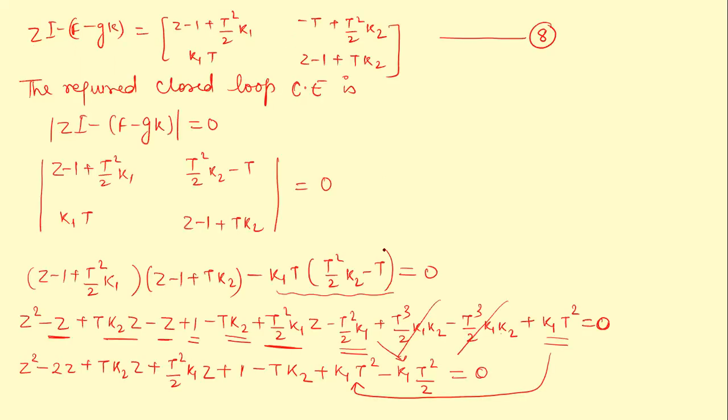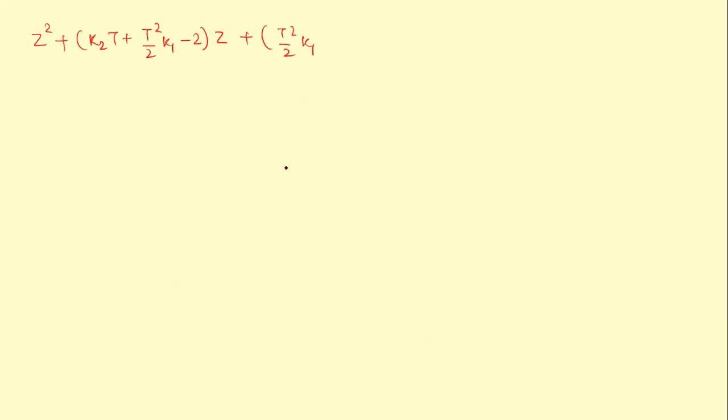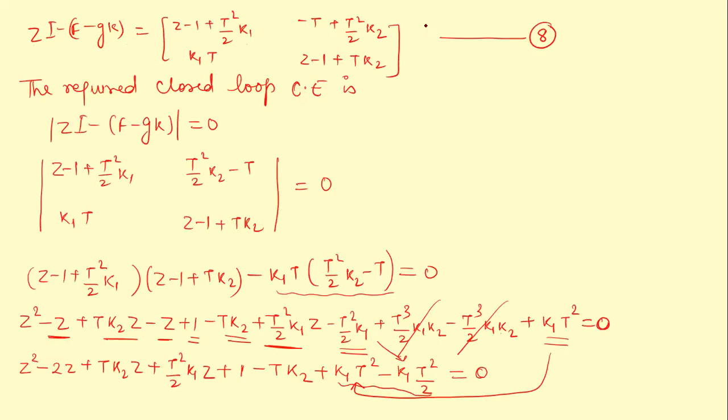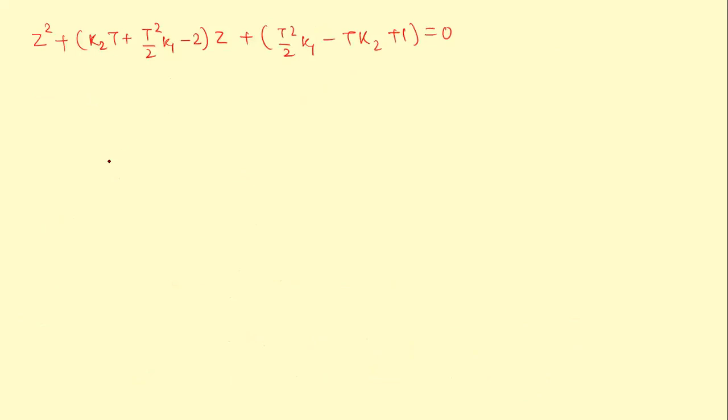As you can see here, we have k1t square by 2, so we can simplify this term. So k1t square by 2 minus tk2 plus 1 is equal to 0. This is, for example, your equation number 9.